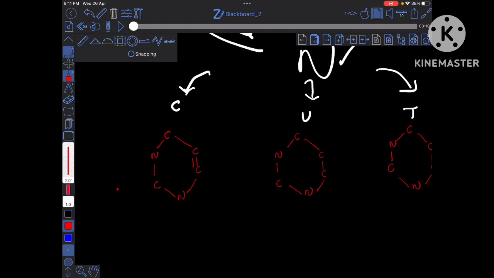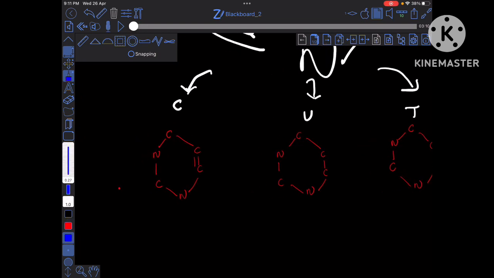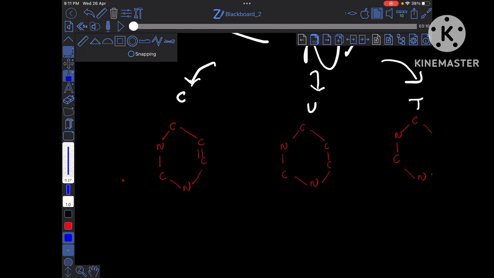Now, the other name of cytosine is 2-oxo-4-amino pyrimidine.